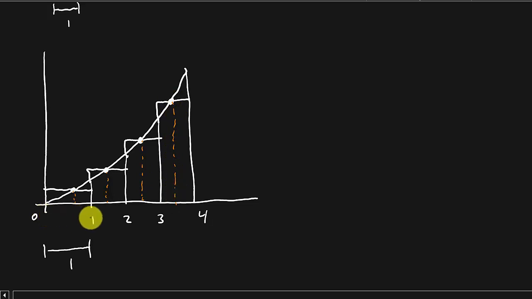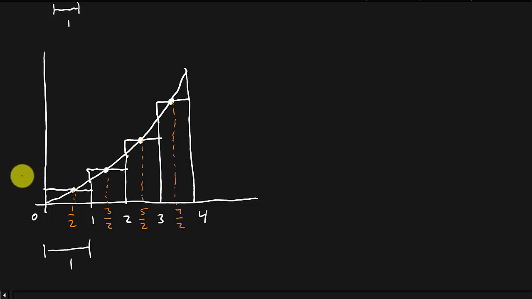So what's the midpoint of 0 and 1? That would be 1/2. What's the midpoint here? 1 plus 2 is 3. 3 divided by 2 is 3/2. 2 plus 3 is 5. 5 divided by 2 is 5/2. 3 plus 4 is 7. 7 divided by 2 is 7/2. So that's the x values for the midpoints.